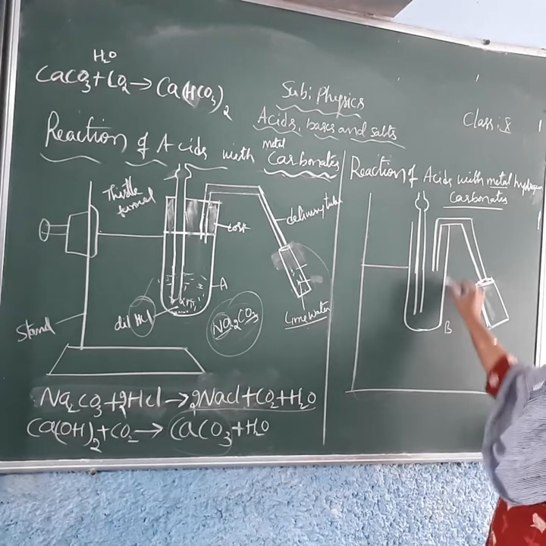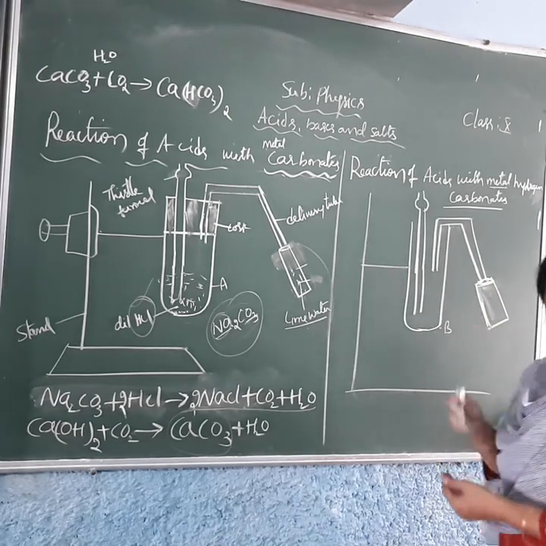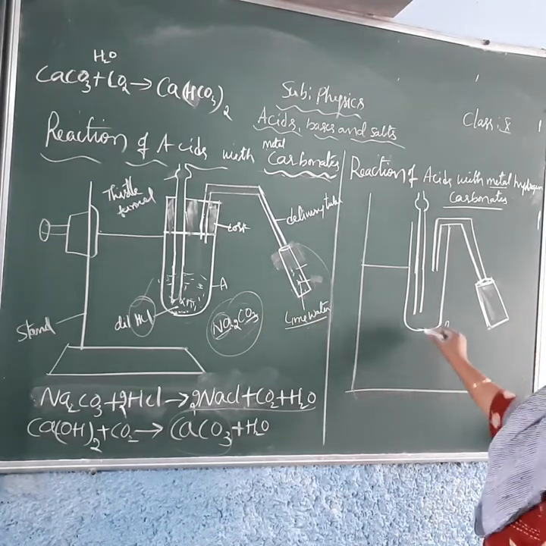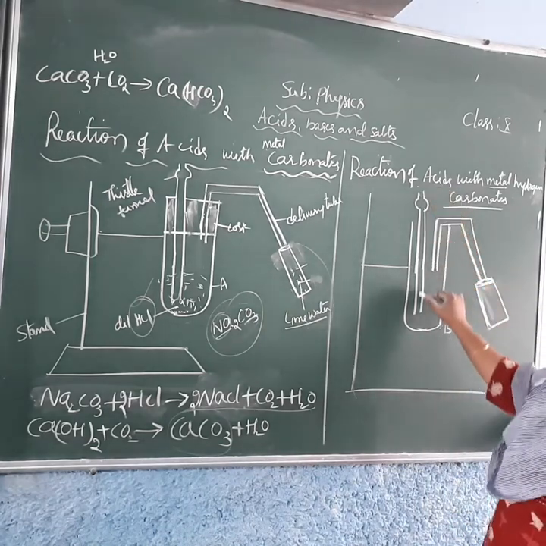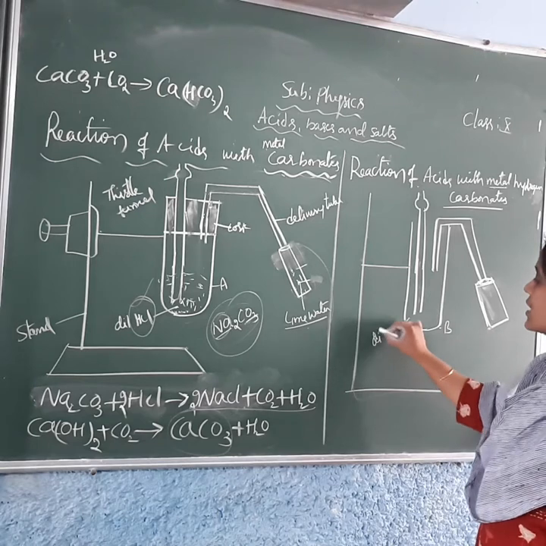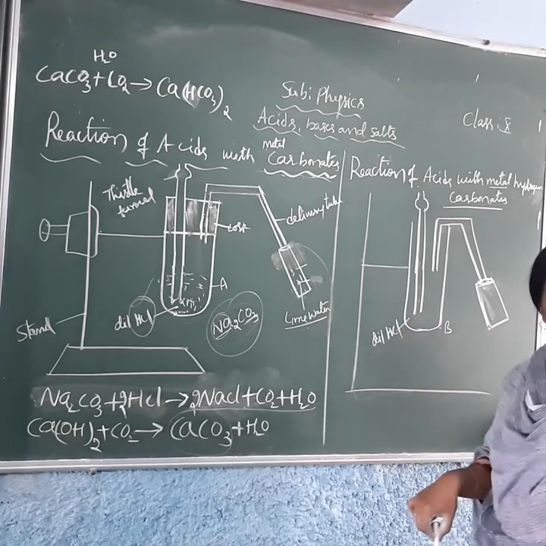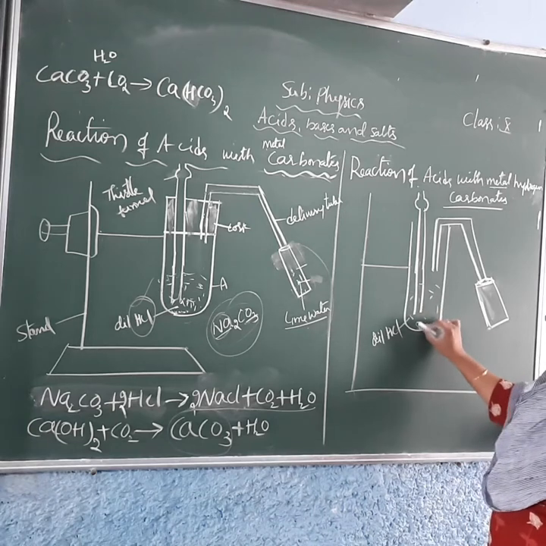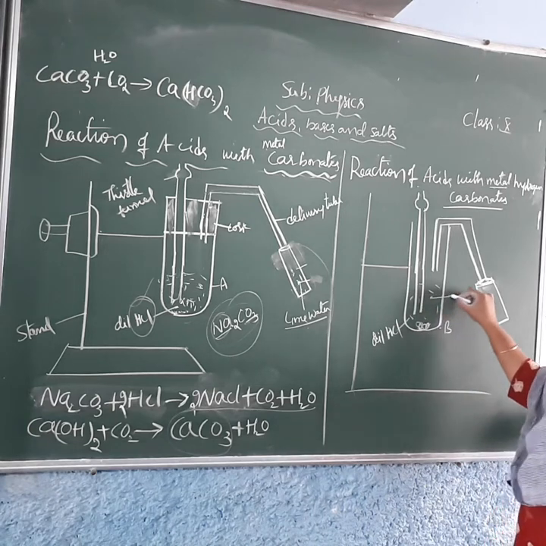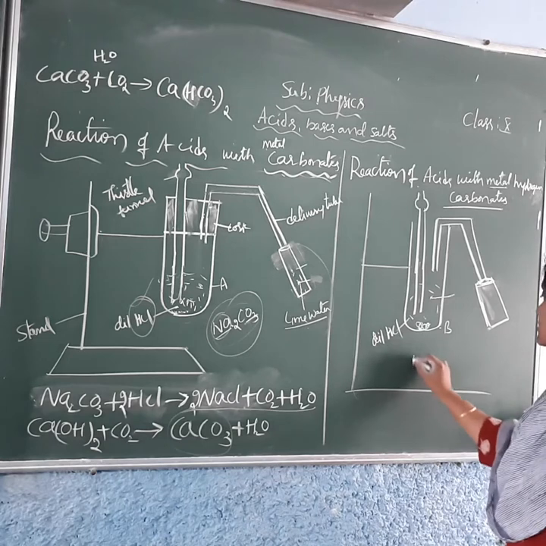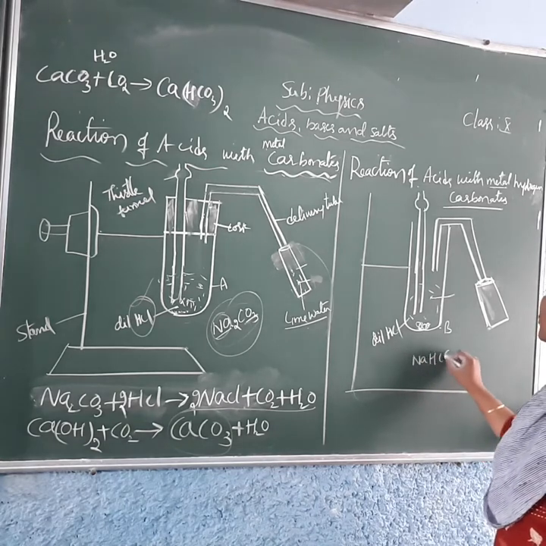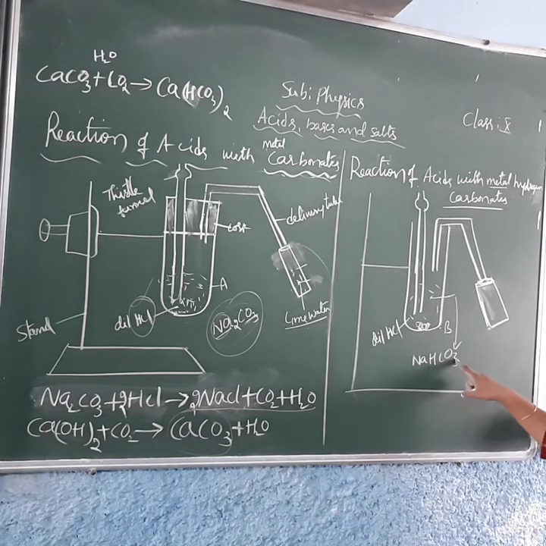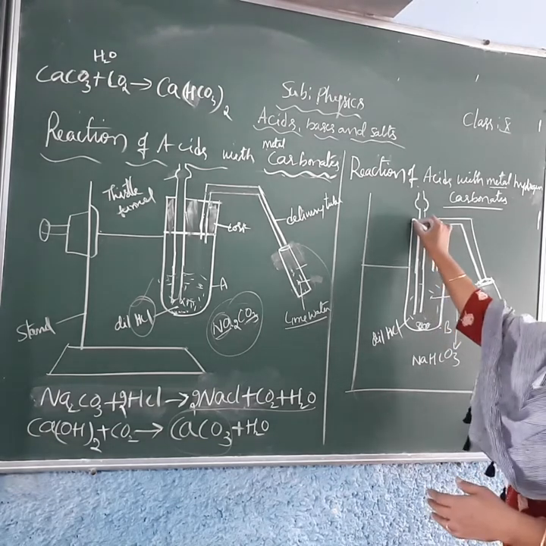This is A and this is B. In B, through this funnel pour dilute hydrochloric acid, and take the solution of metal hydrogen carbonate, NaHCO3, and the reaction takes place.